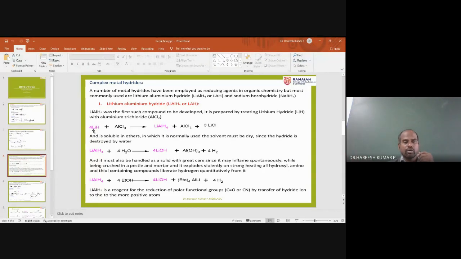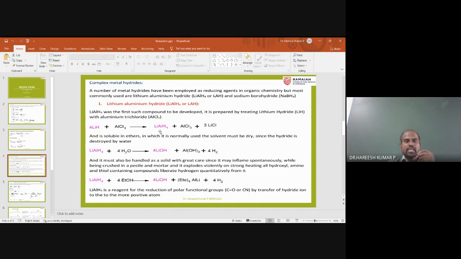So once lithium aluminum hydride is obtained, it is a solid, and it is also available in the form of lumps or big tablets. More particularly, it is a cement colored, gray colored compound.